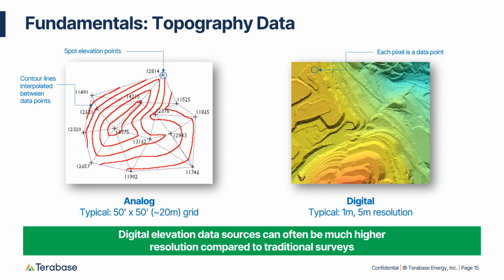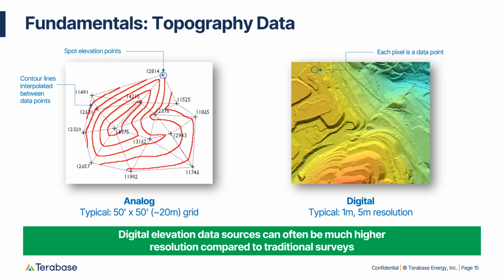All right, next slide, please. One last fundamental, and hopefully this is something that all of you have thought about before. We want to talk about topography data. How are we getting data, and how are we using that in our earthwork assessments? On the left, you're probably familiar with this type of data. You have what we're calling analog data.